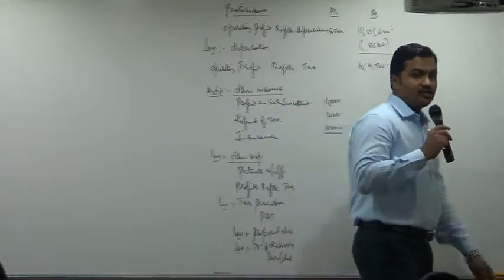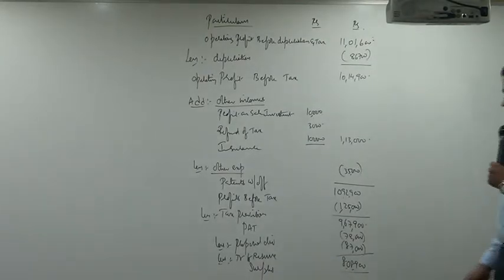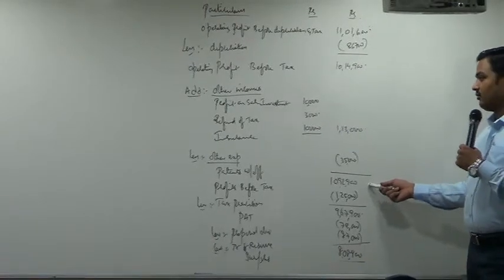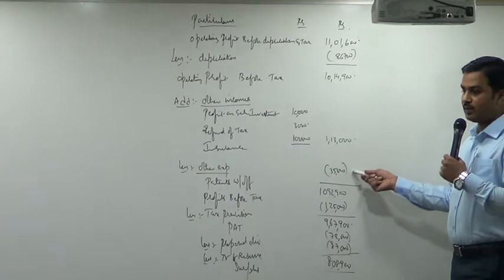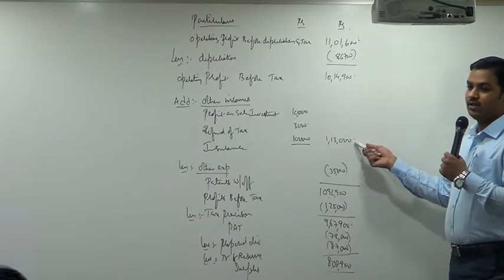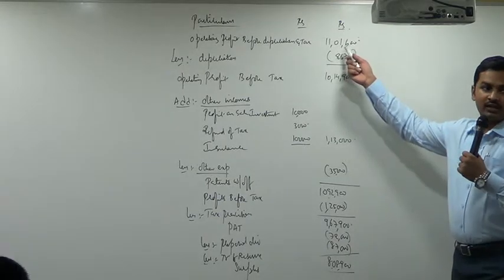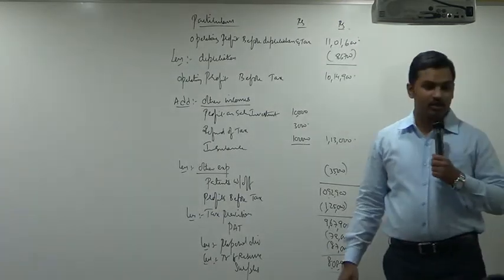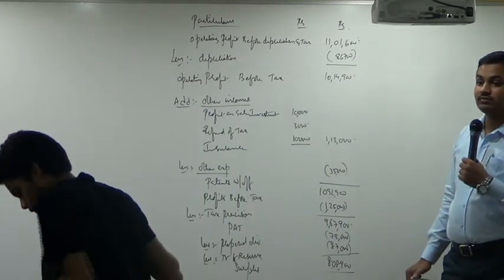Now where do we start in our cash flow statement, indirect method? We start here at profit before tax and then we add back non-cash, non-operating expenses. We subtract non-cash, non-operating incomes. We also add depreciation to arrive at operating profits before depreciation and tax.